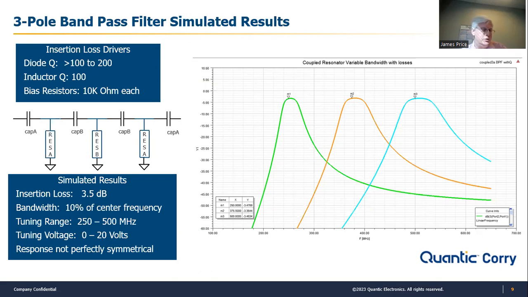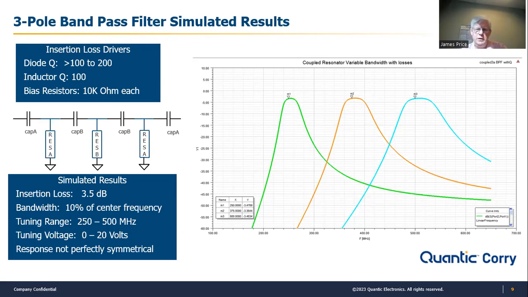Now, if those capacitors were inductors, you'd see the opposite effect. And if it was a mix of capacitors and inductors, it would be a much more symmetrical effect. But we're trying to make these filters tunable, and it's really difficult to tune inductors. So you're left with this sort of effect when you go with this coupled resonator approach using all capacitors.